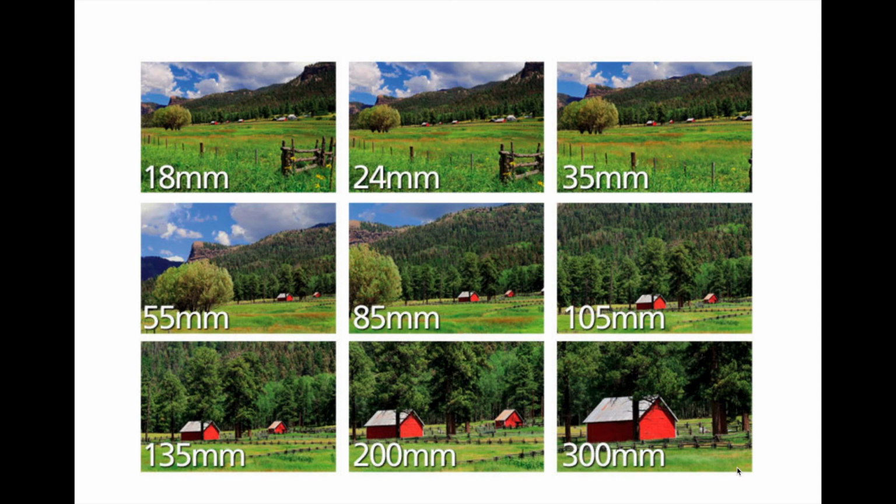So you notice here the tree off to the left, that tree is bigger, and that tree now is at the left-hand edge of the image, and that barn is a little bit bigger. So then you go to 55 millimeters. You notice how big the tree is and the barn is, and of course you have a lesser field of view, and then you get bigger and bigger and bigger, and then ultimately, if you're at 300 millimeters, which is pretty big, the barn occupies easily half of the image in its width. Okay. Any questions about this?